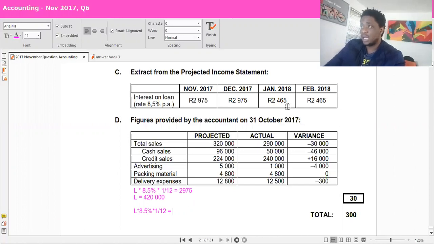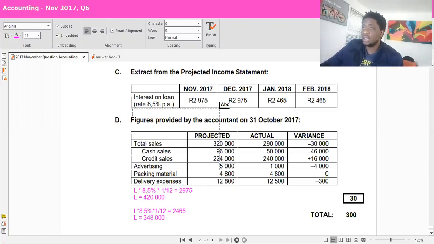But the difference now in this case is that the interest will be 2,465. So if it is 2,465, and then we divide by that 8.5% multiplied by 1/12 again, we would have a loan that is equal to 348,000.